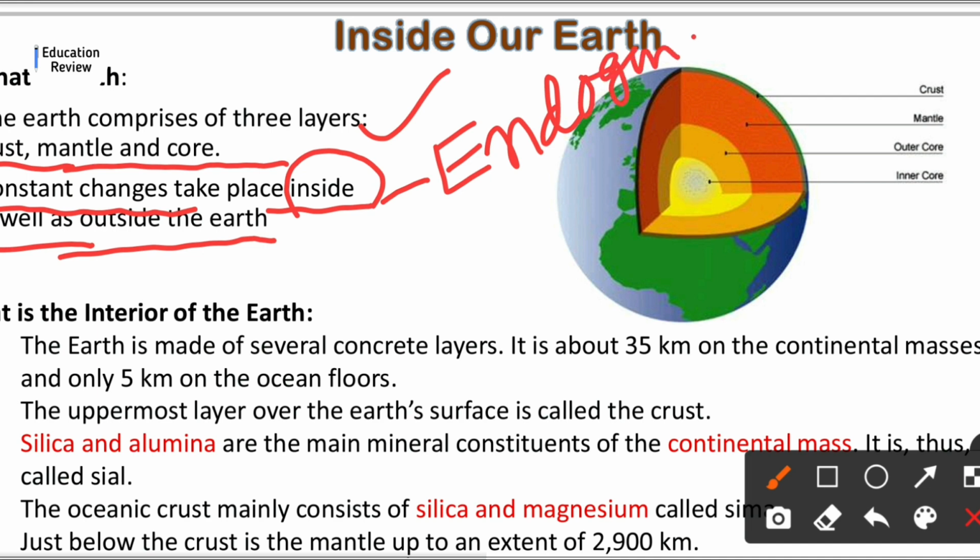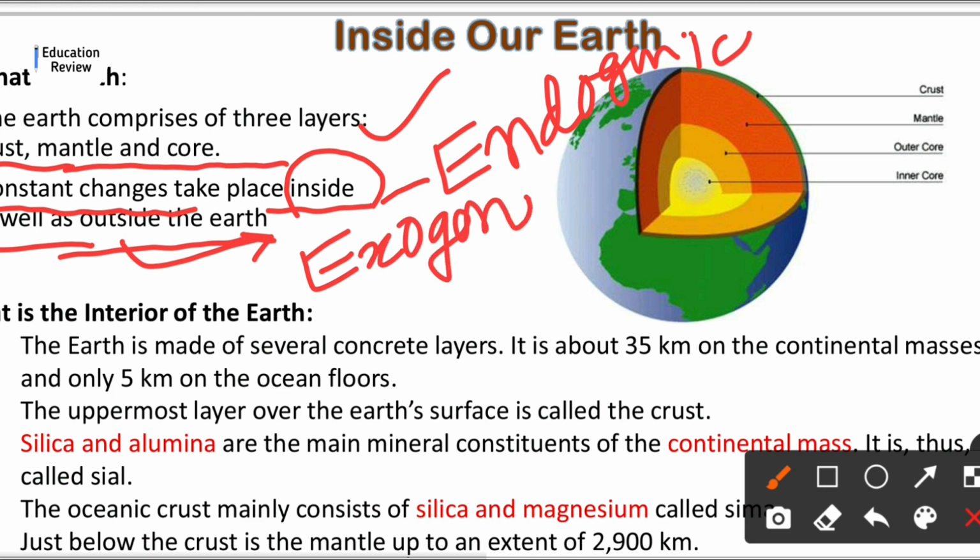And the forces which modify the earth's surface from outside are known as exogenic forces. So there are two types of forces which continuously modify the earth.